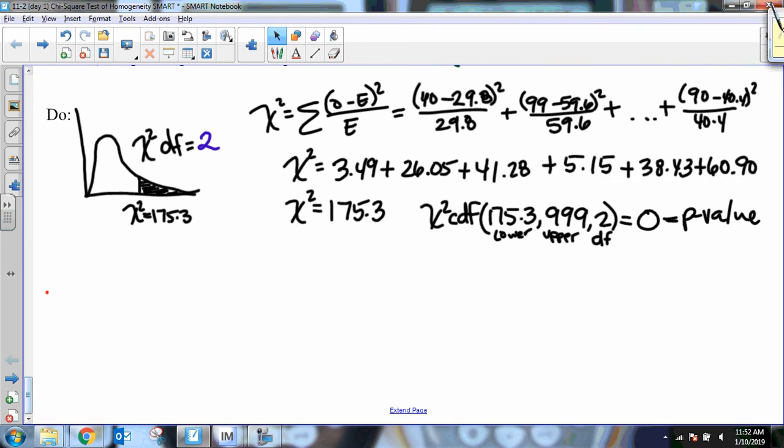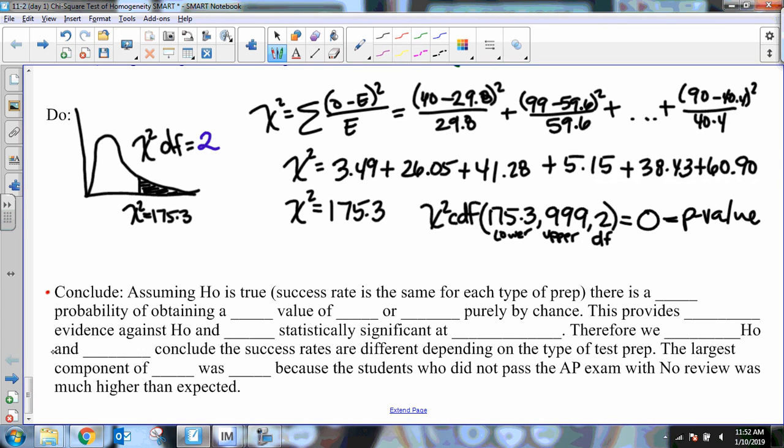So that leads us to our conclusion. Assuming the null hypothesis is true, that the success rate is the same for each type of prep, there is a 0 probability of obtaining a chi-squared value of 175.3 or higher, purely by chance.